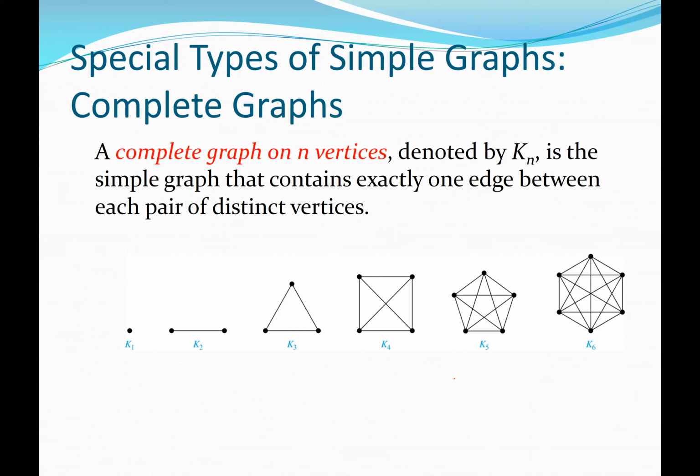In K3 we have three vertices and they are all connected. In K4 and K5, every pair of vertices is connected by a single edge only. There are no multiple edges or loops. That's what we call a simple graph, not a multigraph.